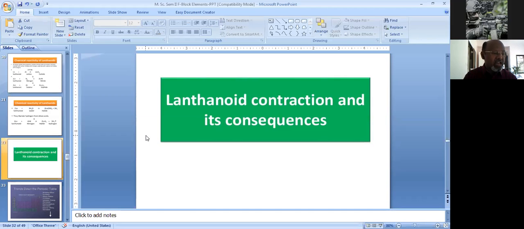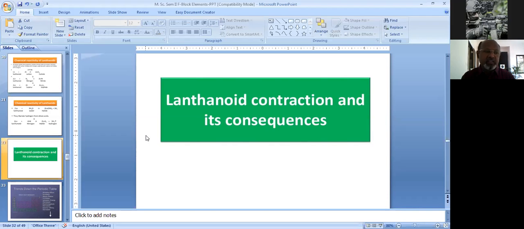So as electrons are added to the same electronic subshell, and the number of electrons also increases, the size decreases.